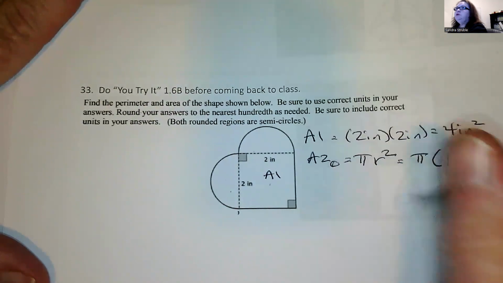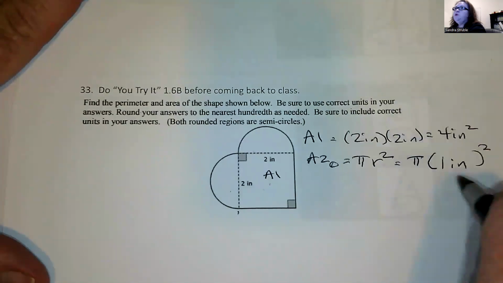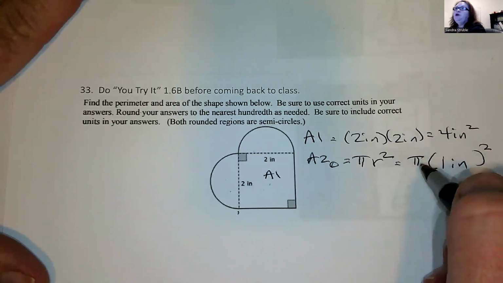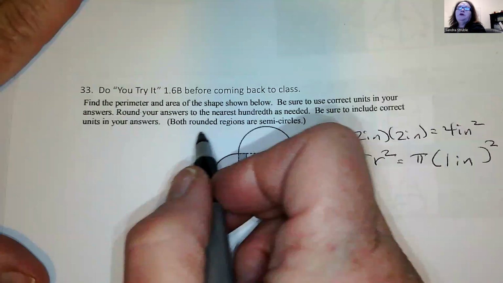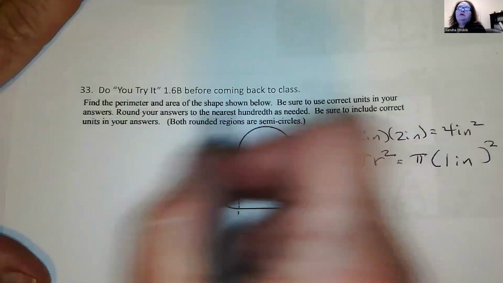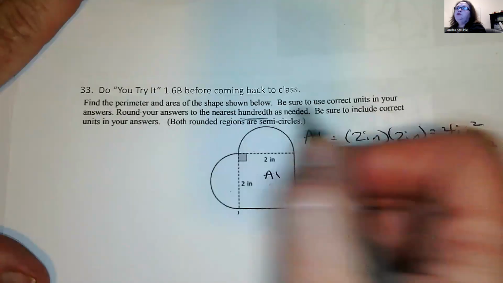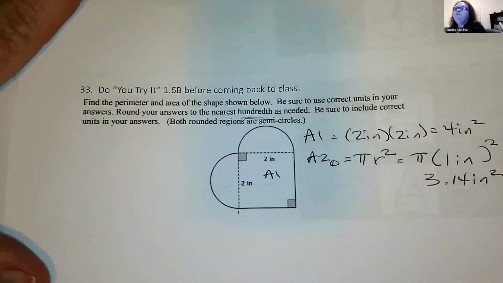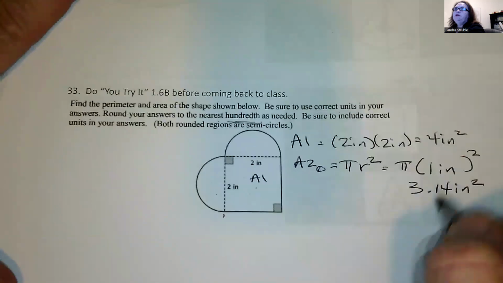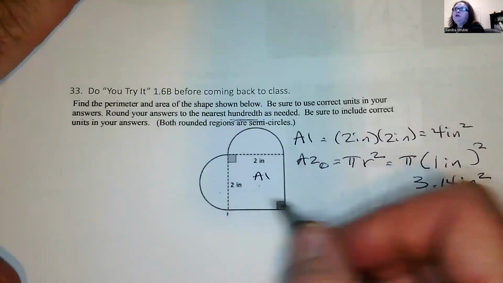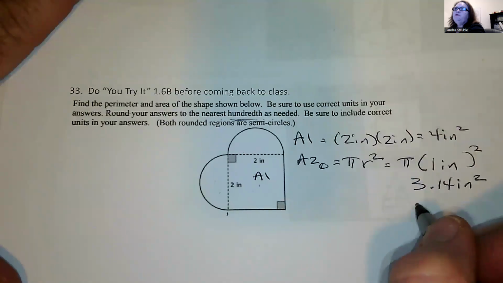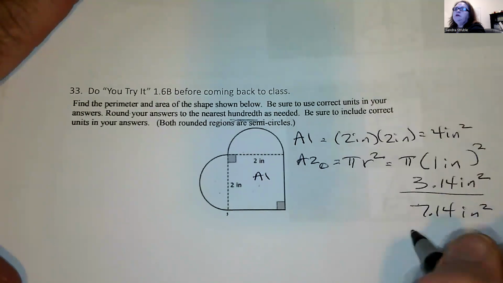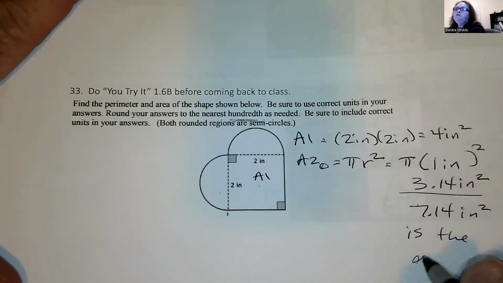So area 2 is 1 squared, which is 1. 1 times pi is just pi. So 3.14, what are we rounding to here? Hundredth. So 3.14 inches squared. Add these together, and this will give the area for the entire composite figure. So 4 plus 3.14 is 7.14 inches squared is the area.